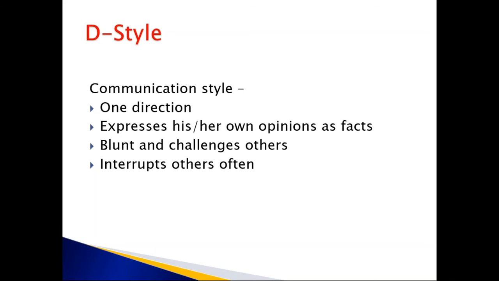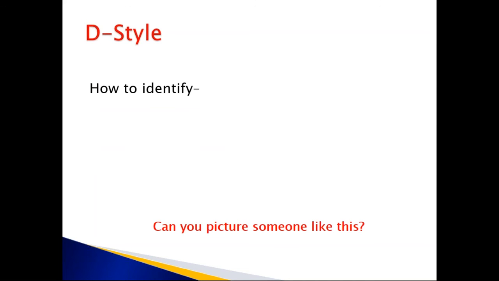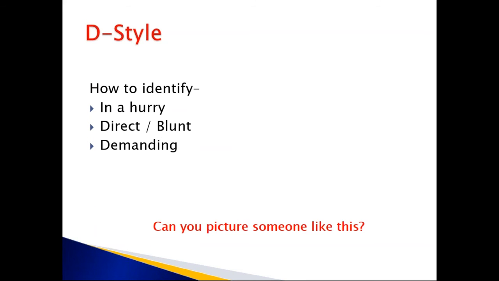But they are going to challenge you to be quick and decisive and move forward. How to identify? They're always in a hurry. Got to get this done right now. They're direct. They're blunt. They're demanding. And they're very impatient. And I know all of us can be impatient at different times, but this is really in their communication style, that this really comes across.